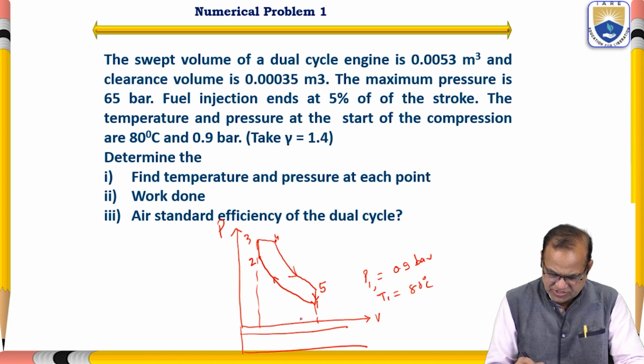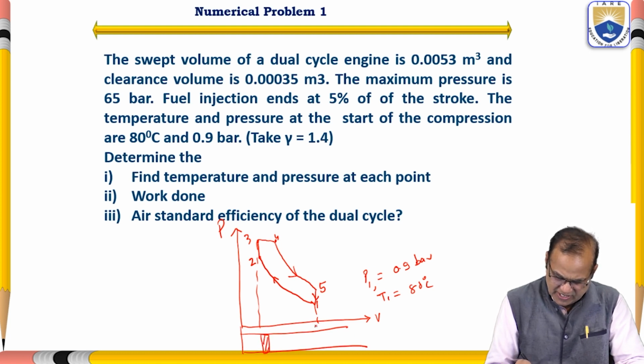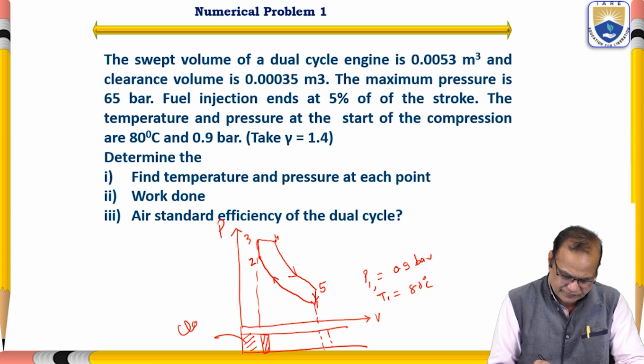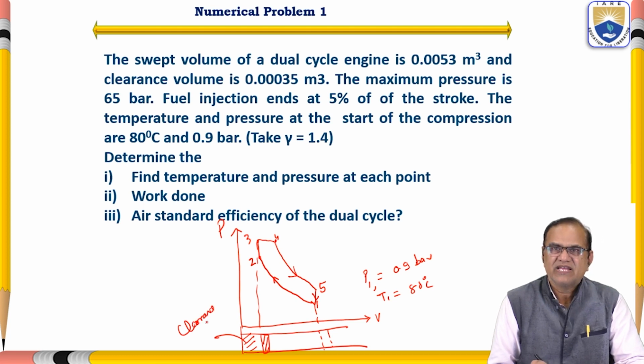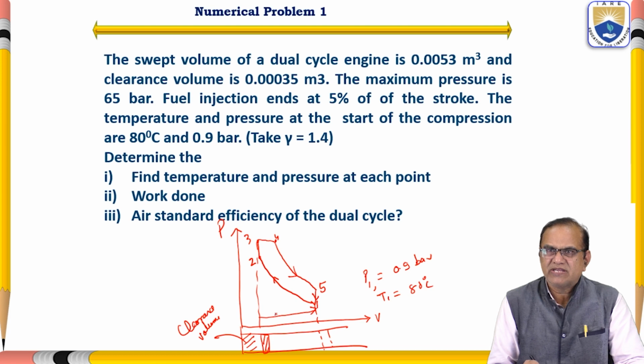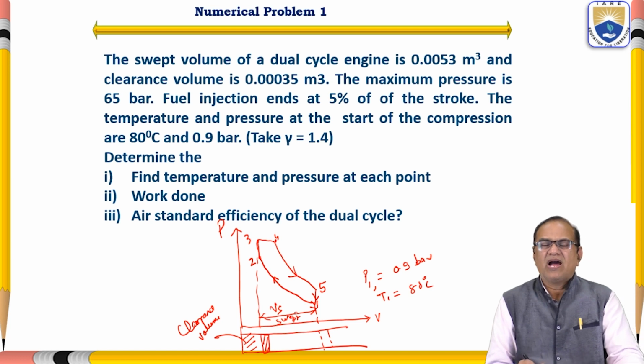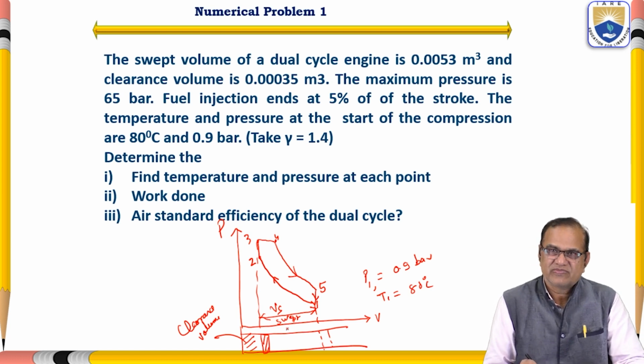If this is the piston, and it is coming up to here, this is your clearance volume. And from this point to this point, this is the Vs, the swept volume. This is also called the stroke volume.